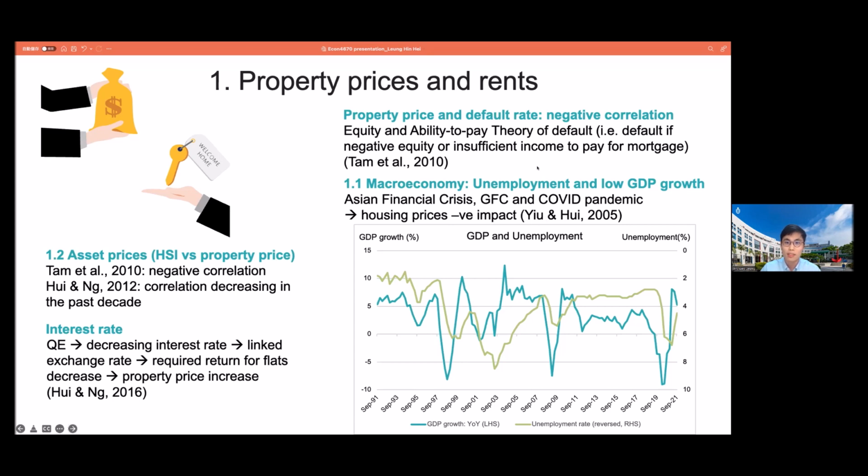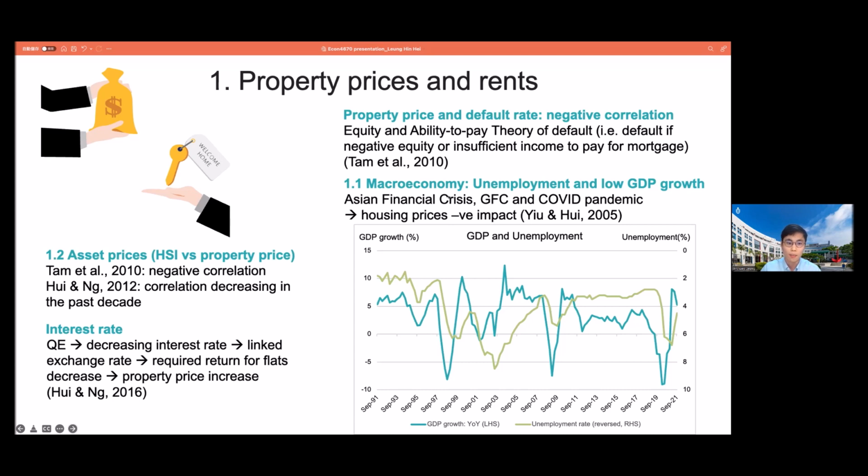However, in the experience of Hong Kong, this drop in property price was not so large, and other factors like asset prices and interest rates may dominate. Therefore, the macroeconomy in Hong Kong since 2003 did not have much effect on the repayment behavior of residents.